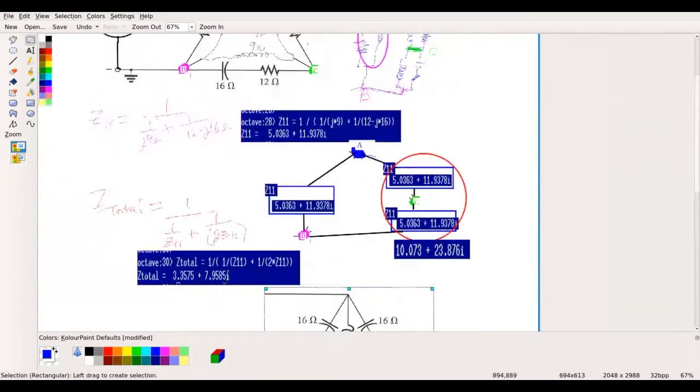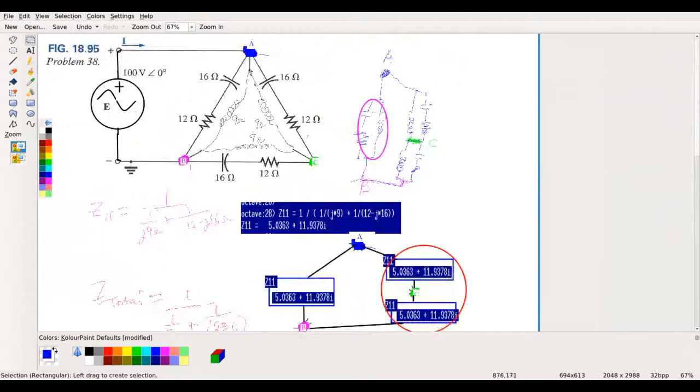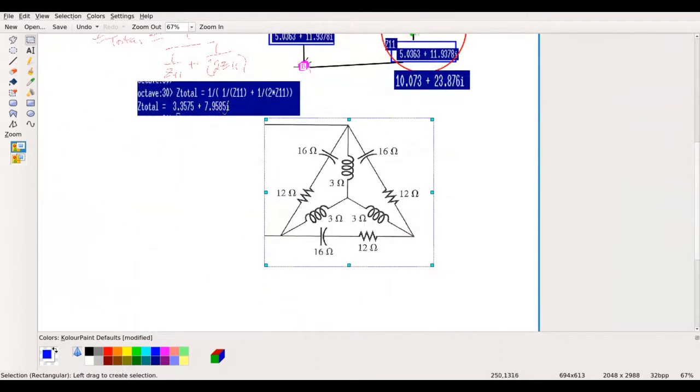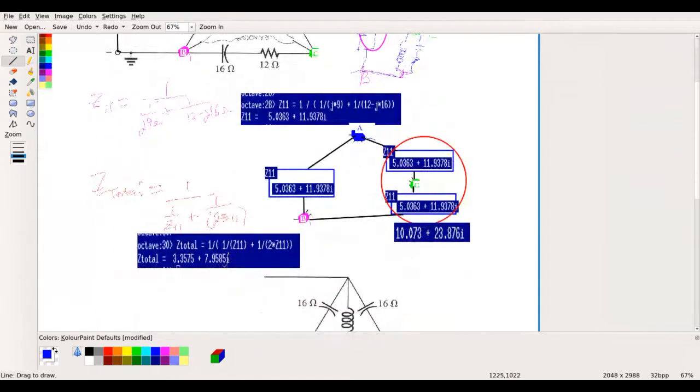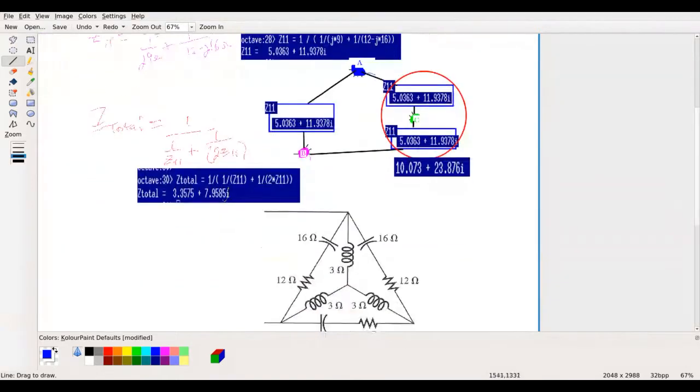What we did is we converted the original Y portion, which was the inductors. We took this Y and converted it into a delta. Now that delta was in parallel from A to B and from A to C and from C to B. These are all each in parallel. And so I calculated those total impedances for each parallel.